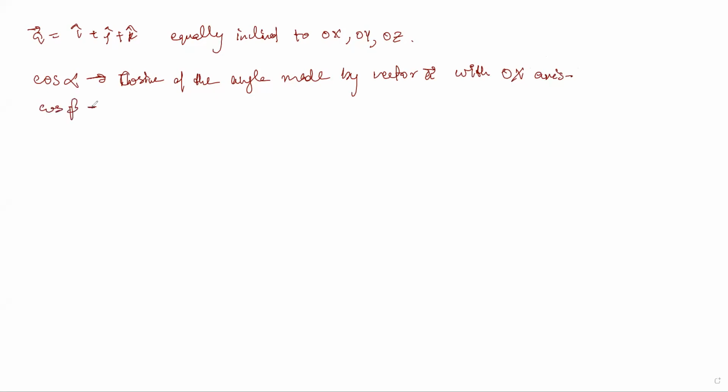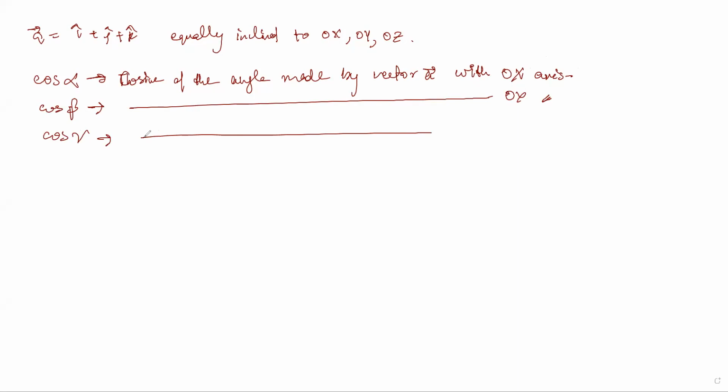Similarly, cos beta and cos gamma are for OY and OZ. Right? Now, how do you find DCs? These were called direction cosines. So how do you find cos alpha for this vector A? From the vector, we can find a is equal to 1, b is equal to 1, and c is equal to 1, which are direction ratios.